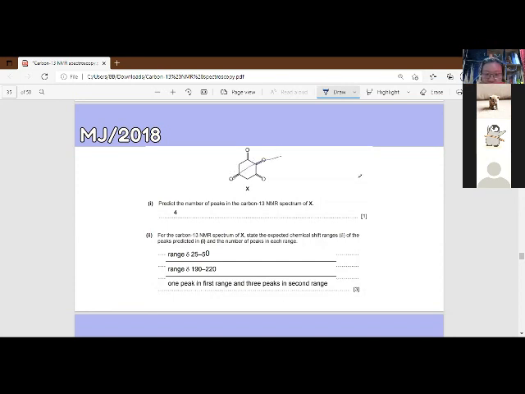This is the line of symmetry, and as you can see, this carbon is 1, and this carbon with this carbon are the same, so it's 1 carbon environment. This carbon with this are also the same, so hence 1, and this carbon is 1. So basically it has 4 peaks altogether.